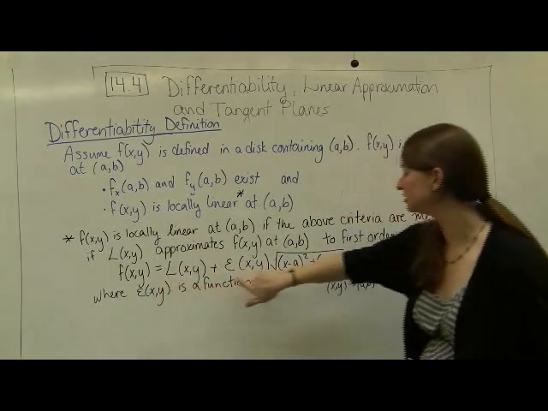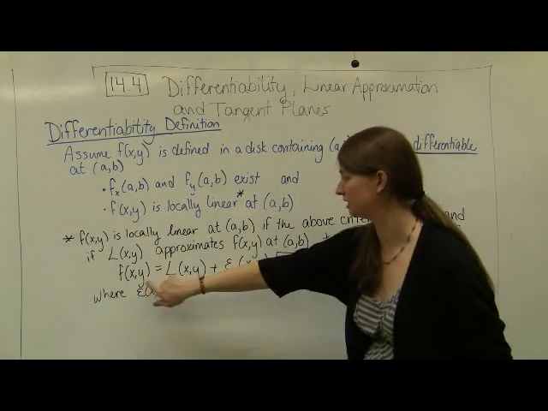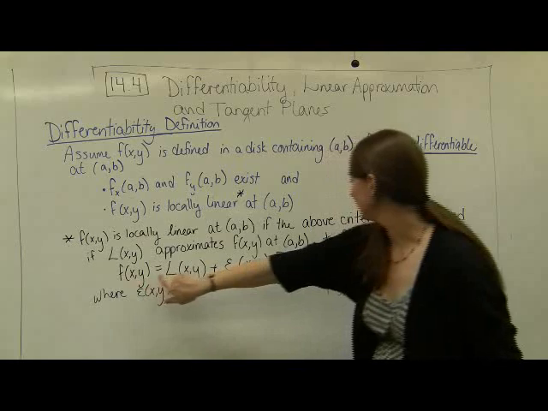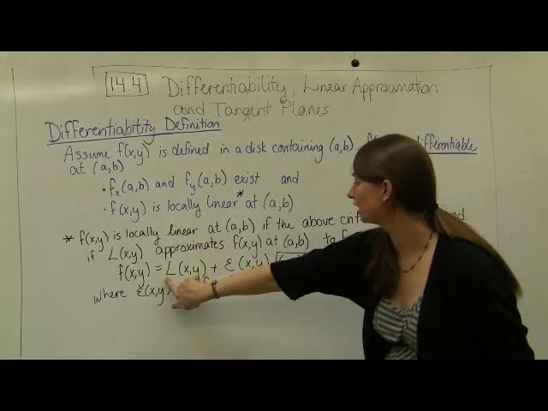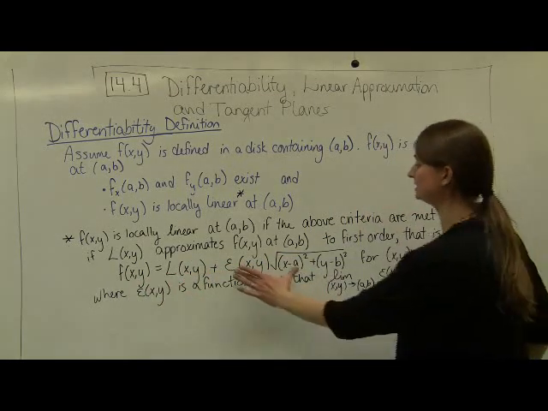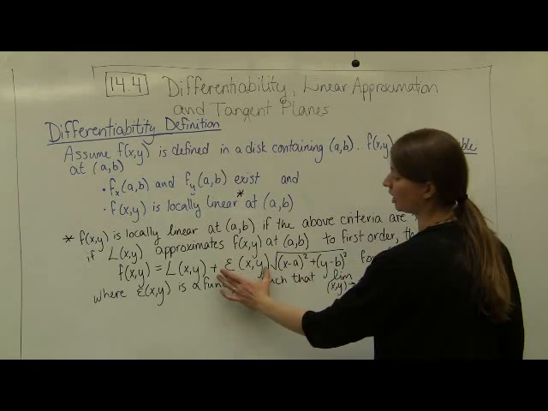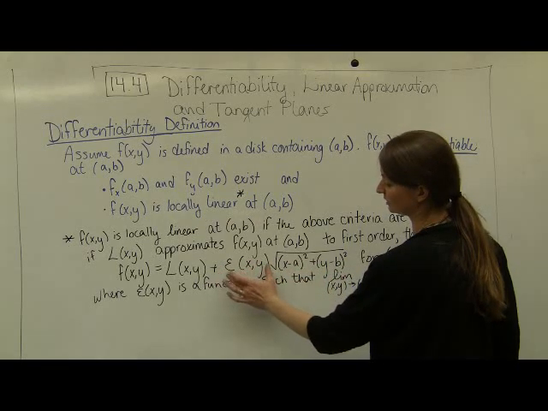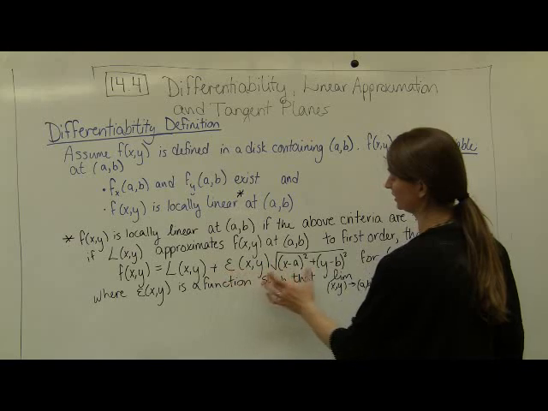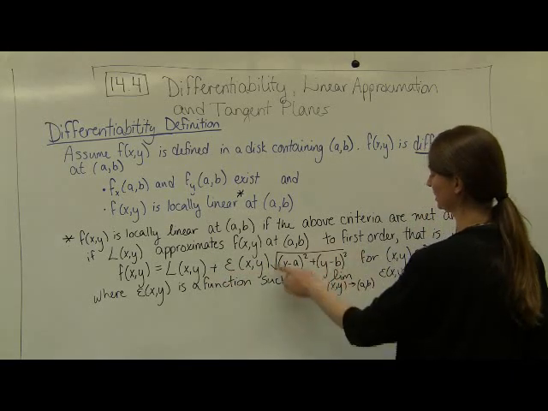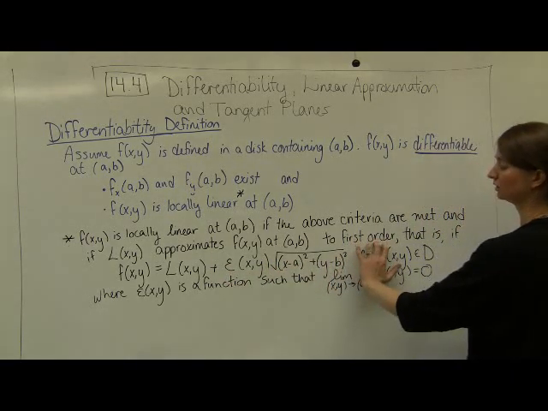So how good of an approximation, you ask? Well, this is our technical definition. Our function has to be equal to our linear function with this type of error, where epsilon of x, y is some error function multiplied by this coefficient, and this is what makes it a first order approximation.